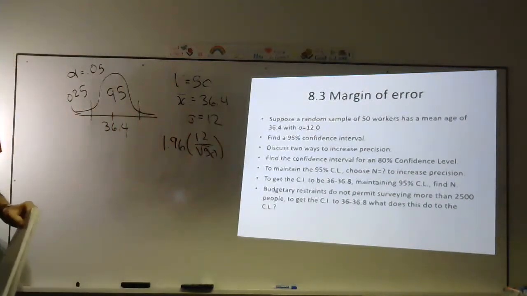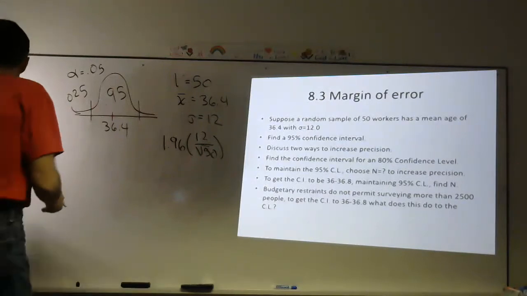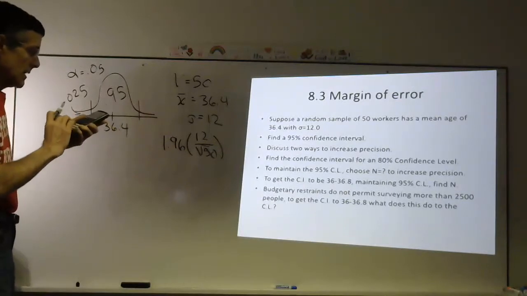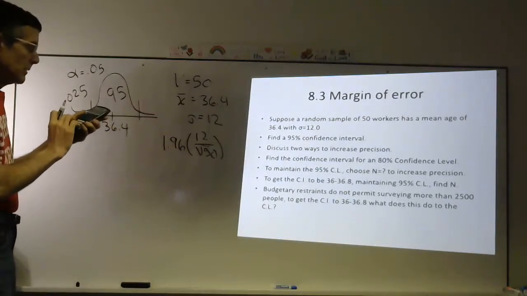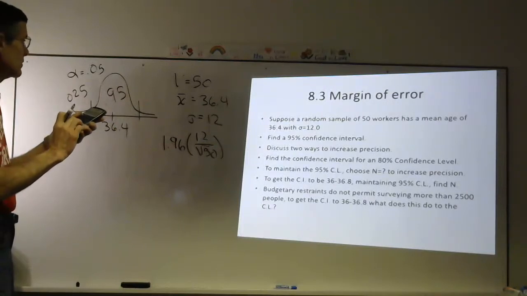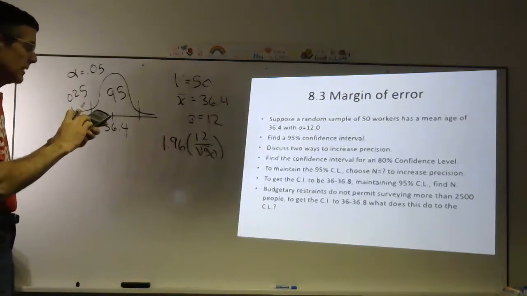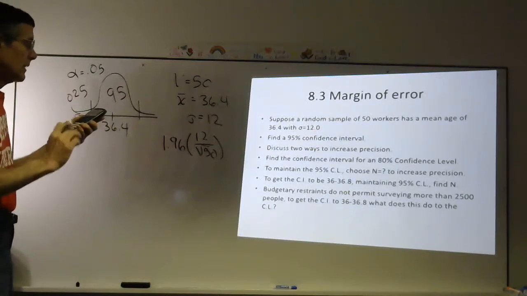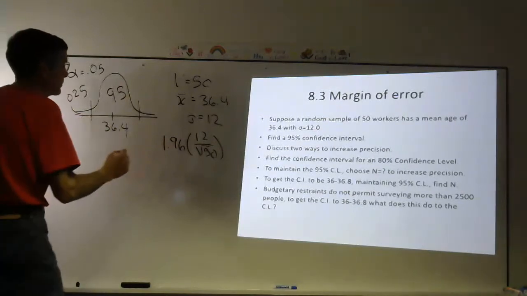And that'll give you that number that you have to add and subtract on. So to do that, I have 1.96 times 12, answer, and divide by the square root of 50, and I get 3.33.